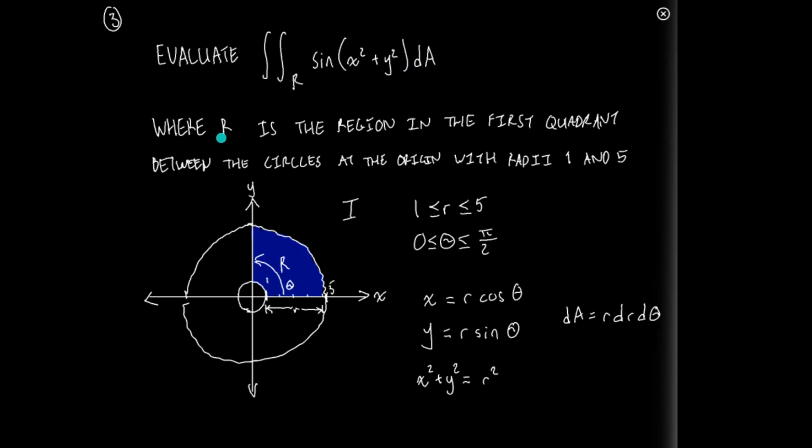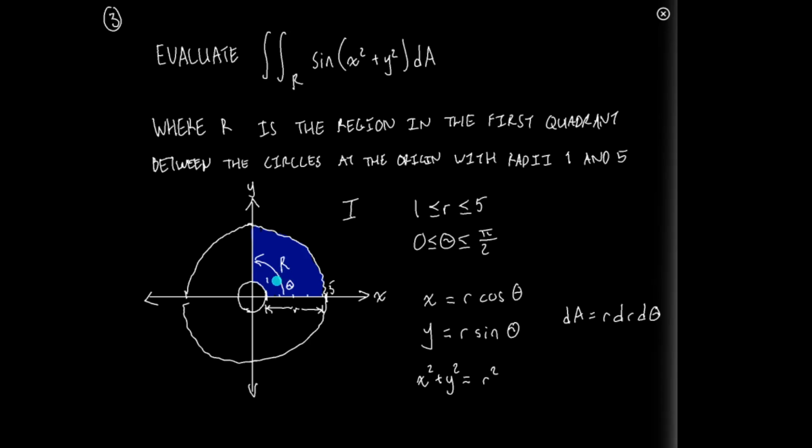So R was given to us as the region in the first quadrant between the circles at the origin with radii 1 and 5. So we went ahead and drew that out. We had two circles with radii 1 and 5, and we picked the area that's between them that's also in the first quadrant.